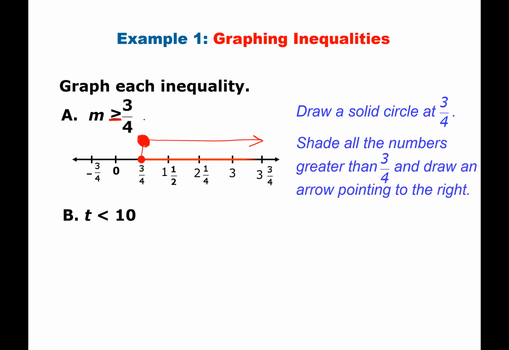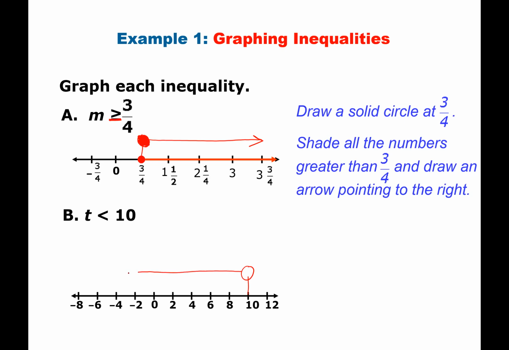Okay. The next example, t is less than 10. Again, I draw a circle, and less than means the numbers are decreasing, they are smaller, therefore I go to the left. And I would leave the circle empty because I do not have an equal sign.